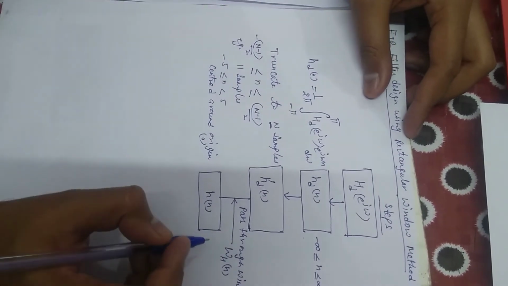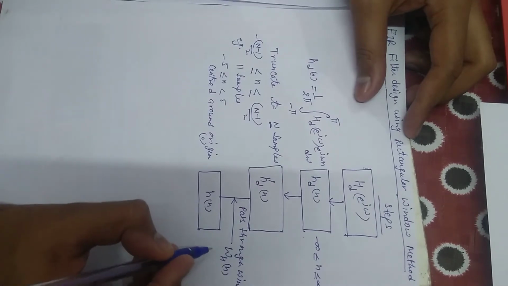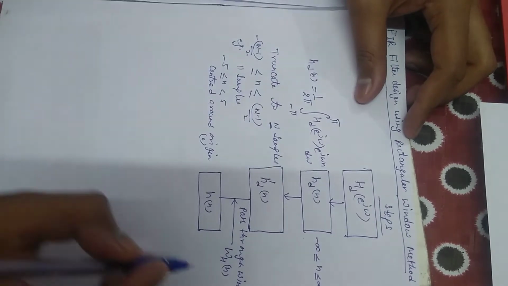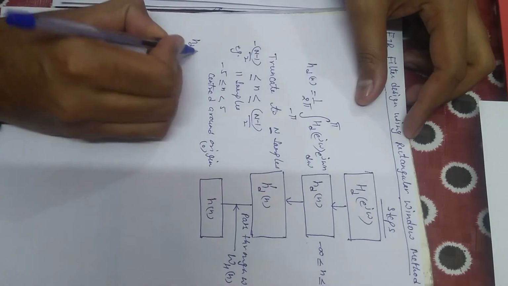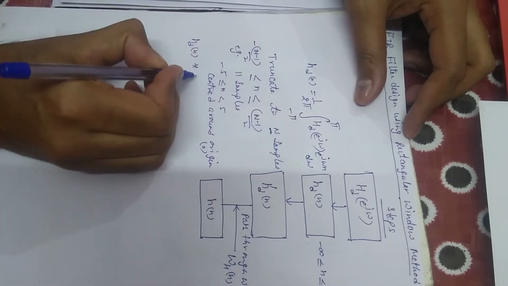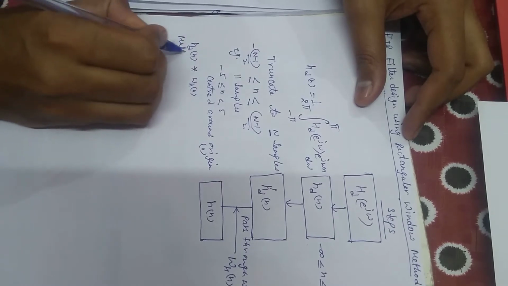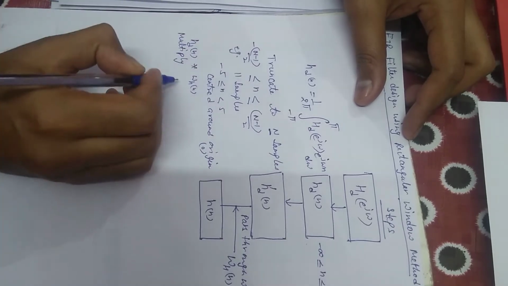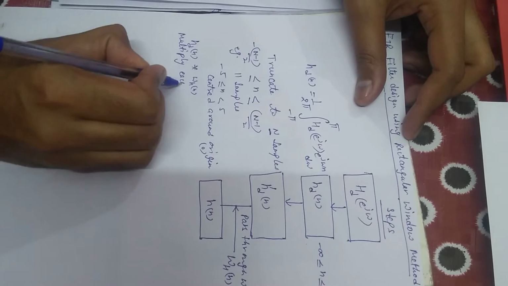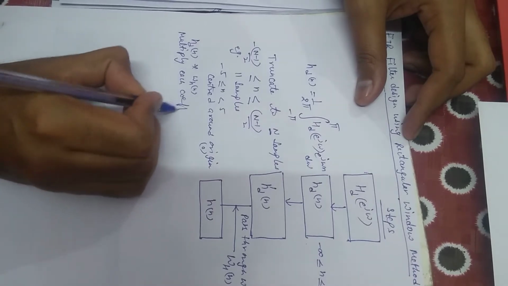Passing through a window simply means multiplying the coefficients of hd[n] and w[n], multiplying each coefficient.